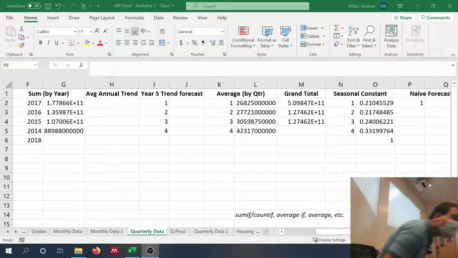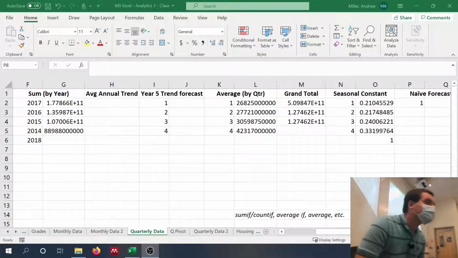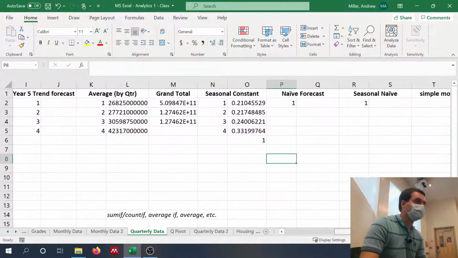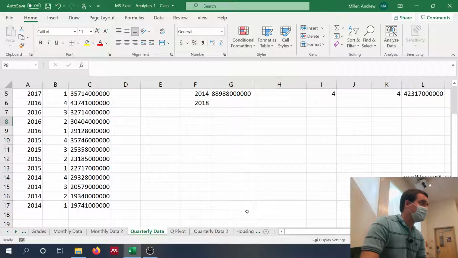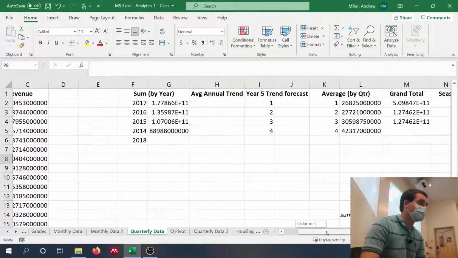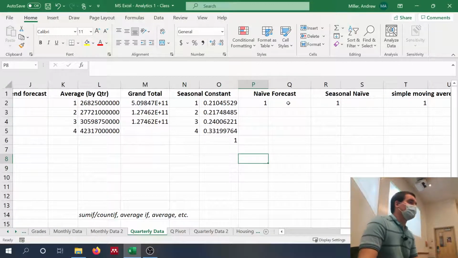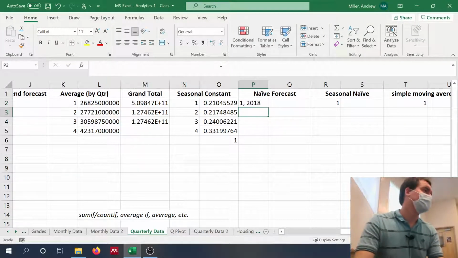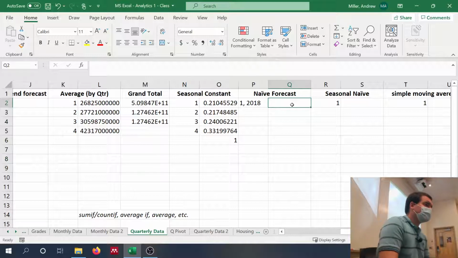Let's go ahead then and get the naive forecast. This is asking for quarter 1 of 2018. Let's put 2018 just so we don't confuse ourselves. What is that value going to be?